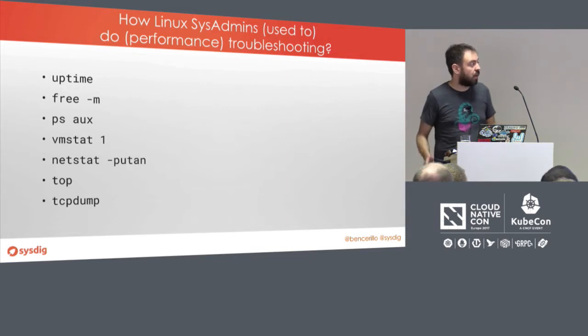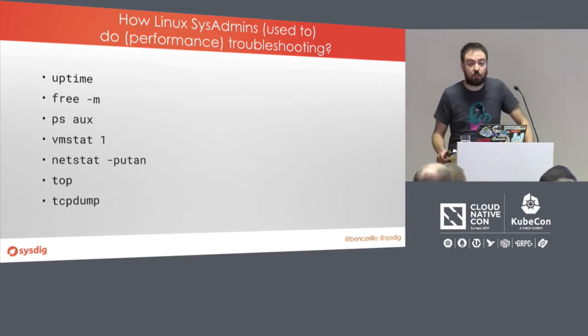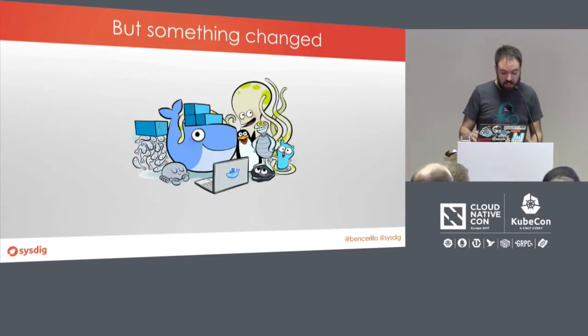When we released Sysdig, we saw that they really liked it, because they could ditch all these tools that were not working with namespaces, with containers, and start using Sysdig.